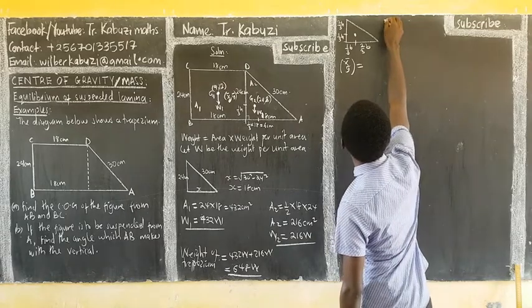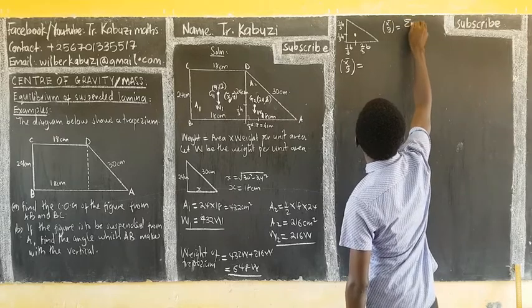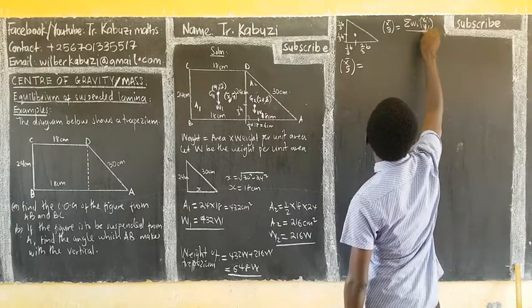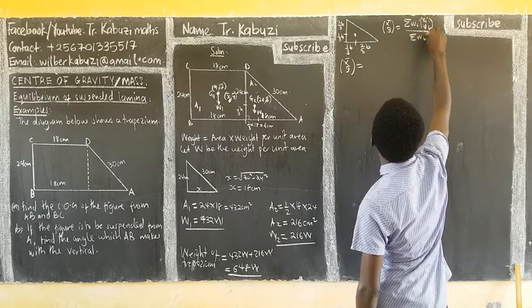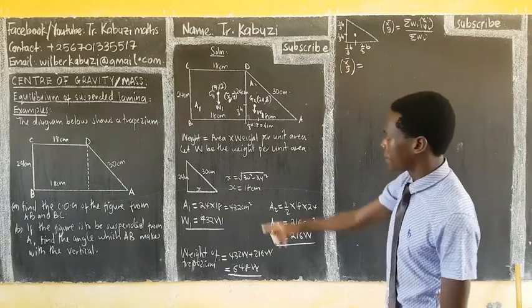So from there, we say that our X bar, Y bar is given by the formula: the weight i and the coordinates where that weight is acting, over the sum of the weights. So we have now the first weight.